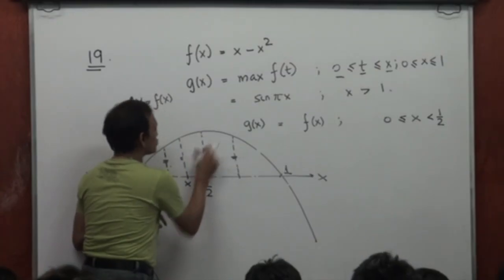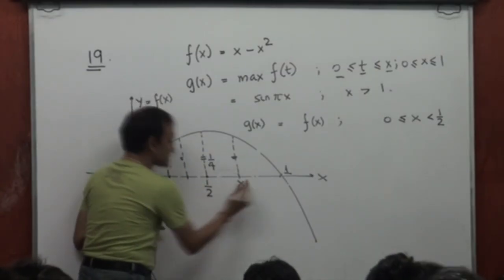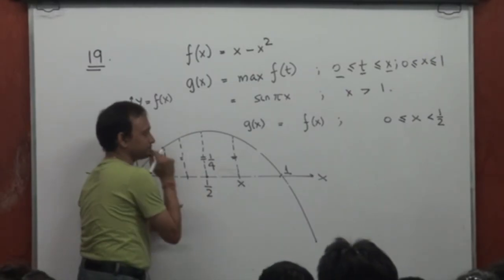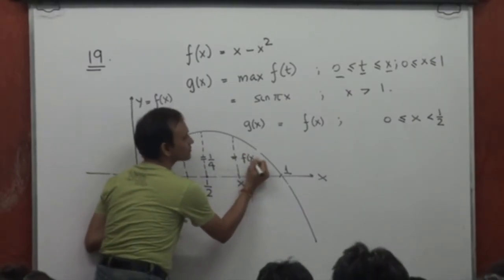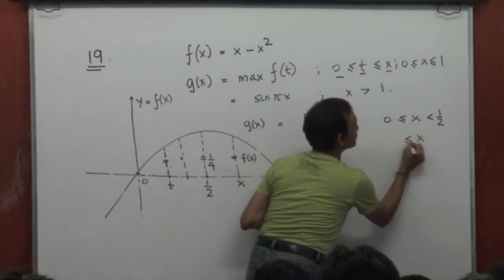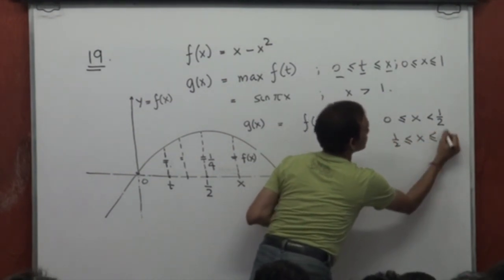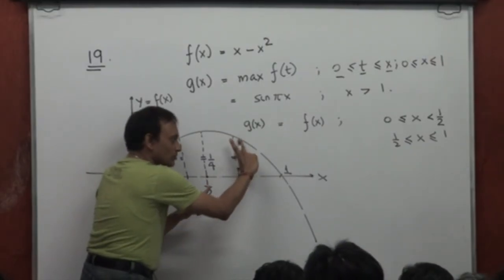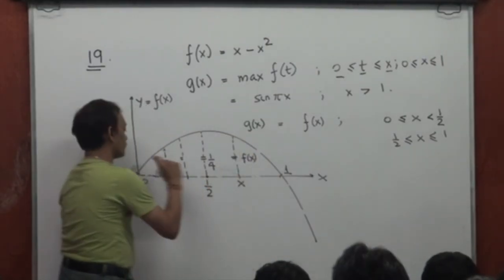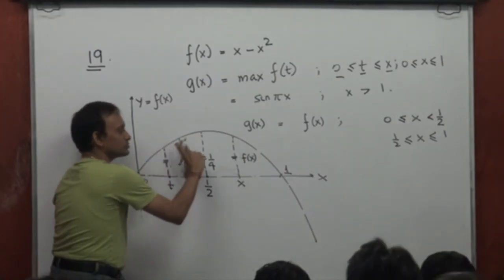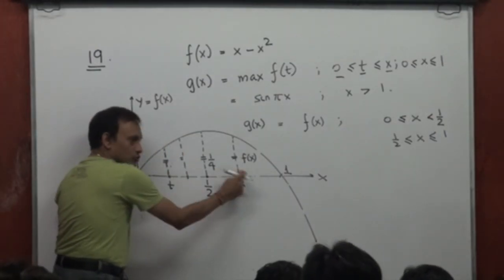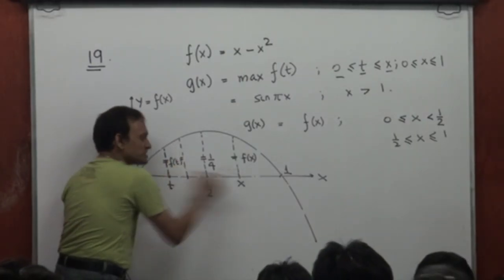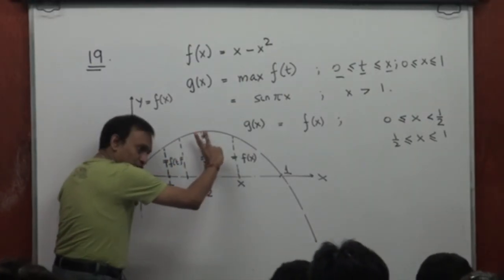Now if, in contrast, x is greater than or equal to half, but less than or equal to 1, then of all the f(t)'s produced while t runs from 0 to x, the largest f(t) encountered in this process is 1/4.